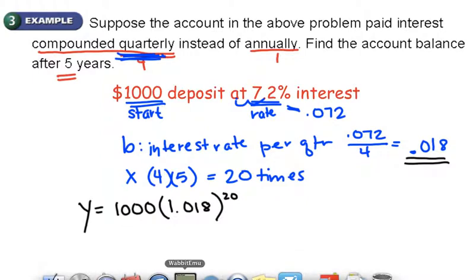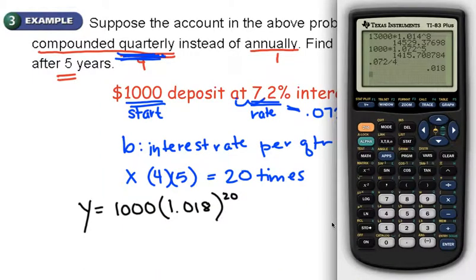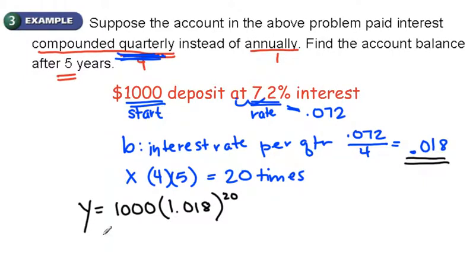Using the handy-dandy calculator, we have 1,000 times 1.018 raised to the 20th, and that is going to give us $1,428.75.